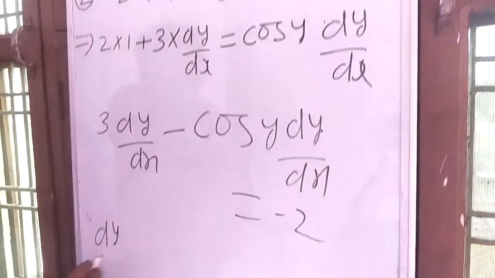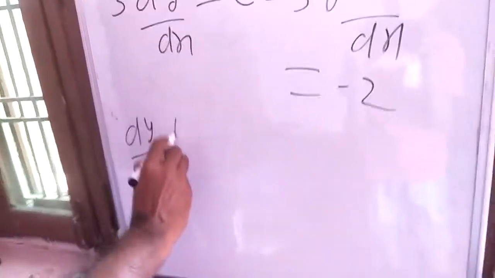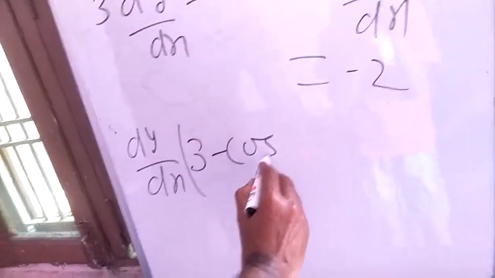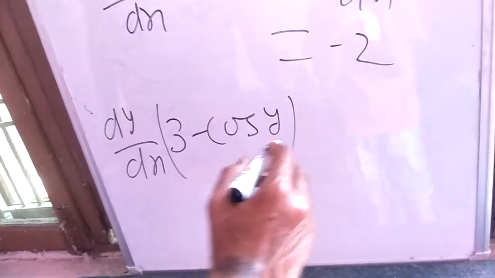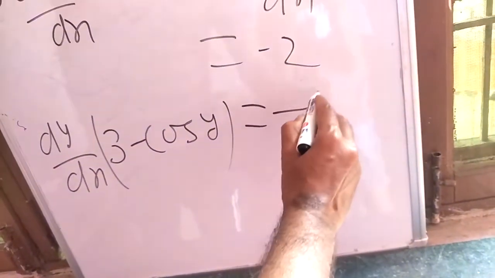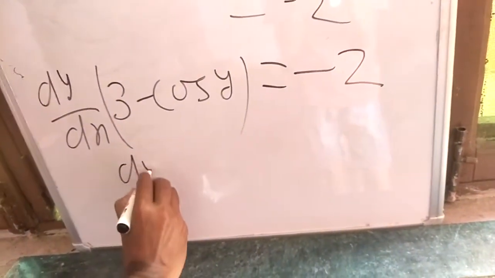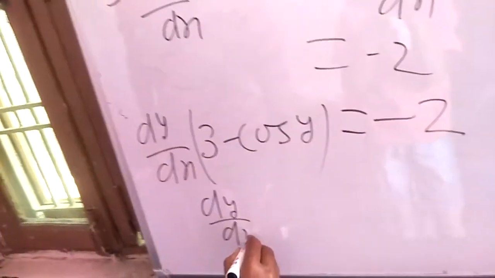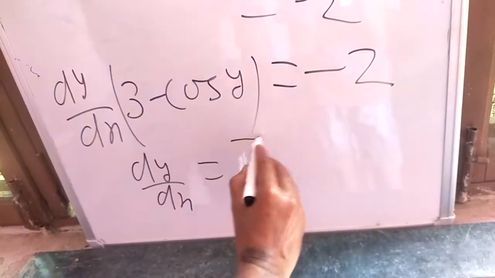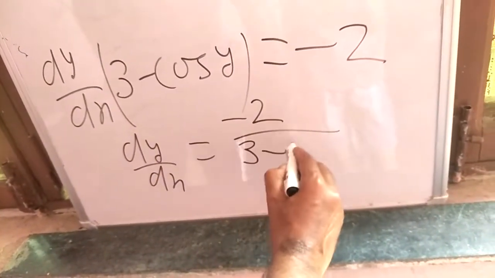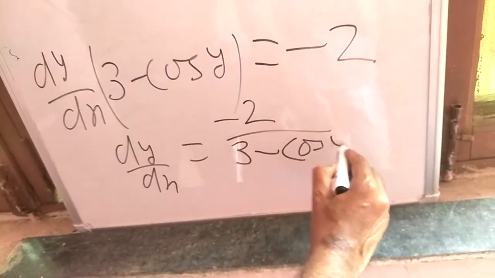So dy/dx common, so (3 minus cos y) equals minus 2, or dy/dx equals, this is minus 2 upon, here is 3 minus cos y.